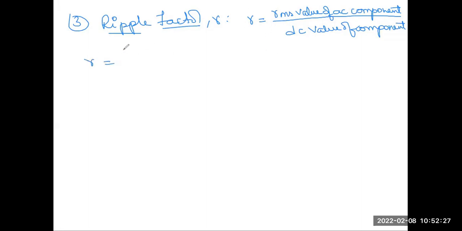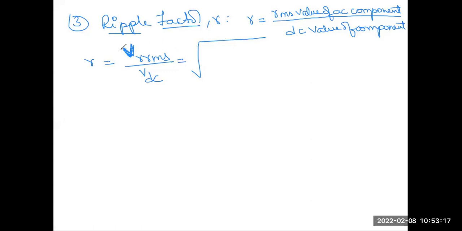So the expression for this is Vrms by VDC, where the numerator is the RMS value of the ripple component. There is a small derivation over here, but I'm giving you the expression directly.